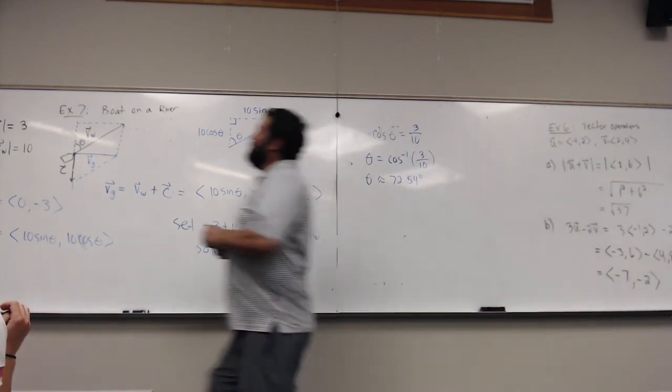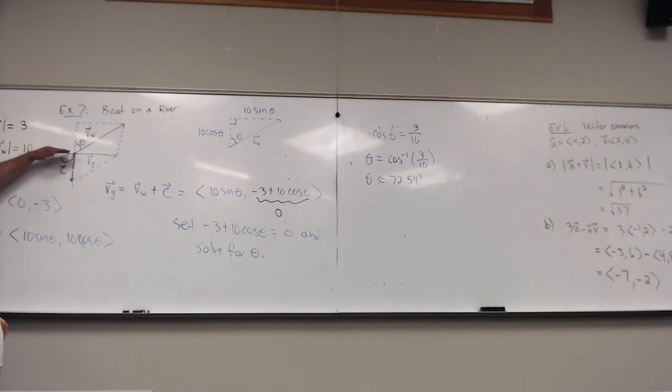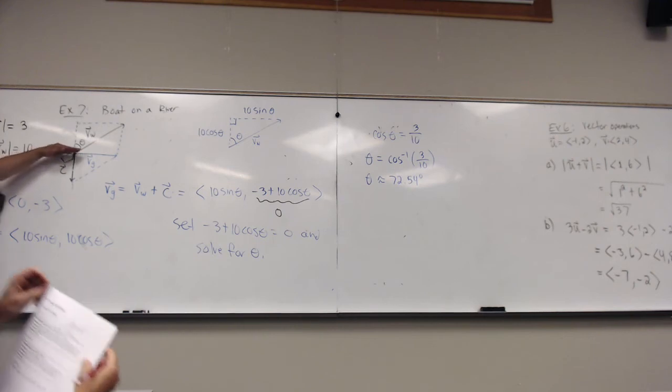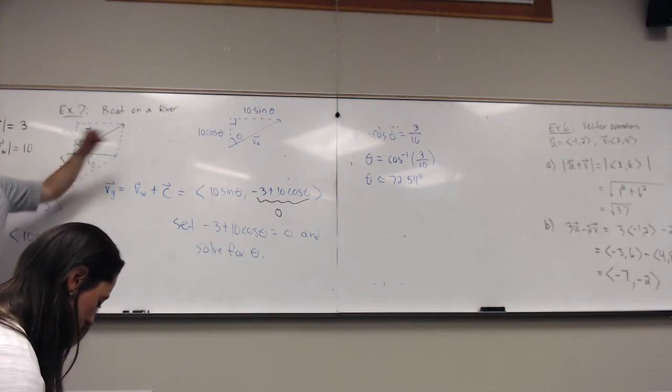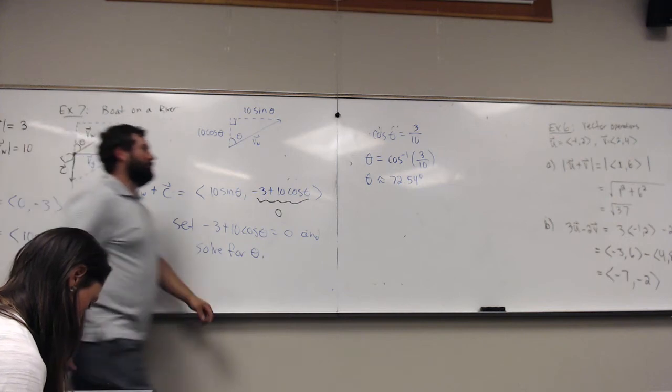So what that means is if I wanted the boat to be going horizontally or perpendicular to the current, I'd have to start by going 10 miles per hour in this direction, where the angle right here is 72.54 degrees. If I start in that direction, the current is going to act on the boat, essentially turning me so that I'm going straight horizontal. So that's the idea there.